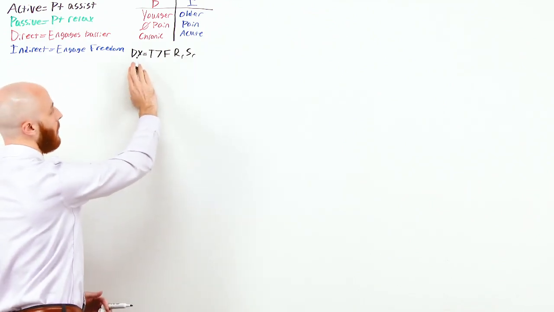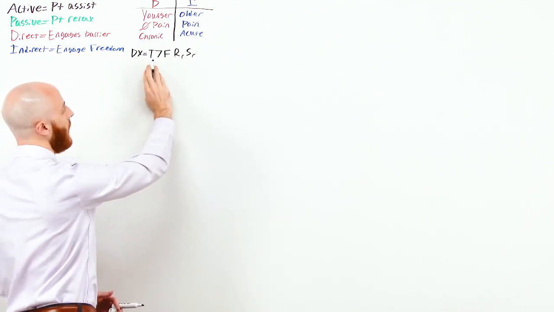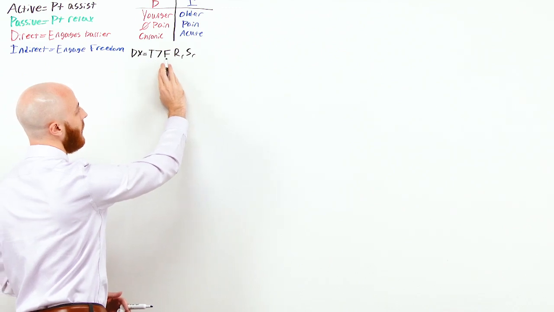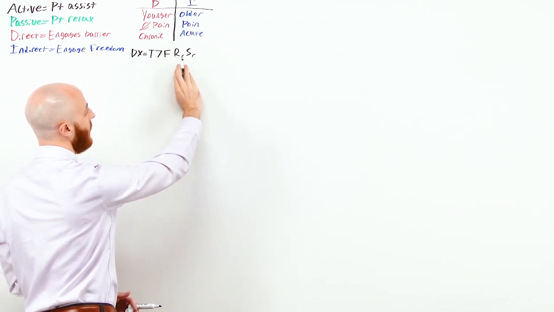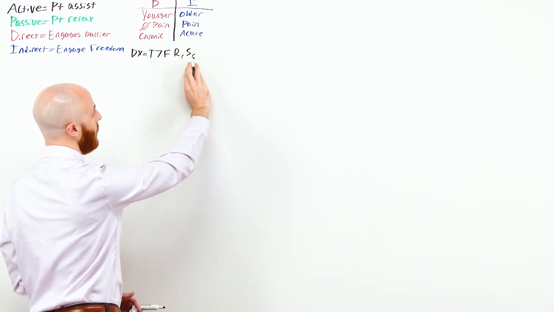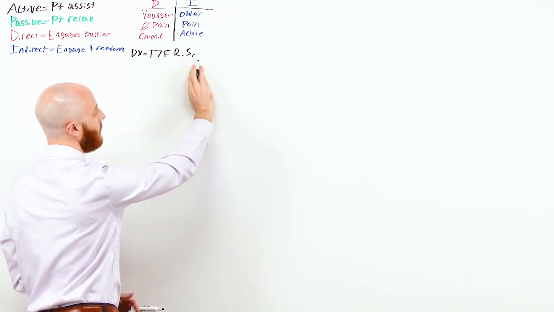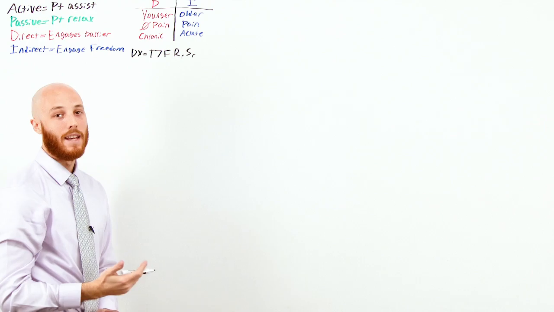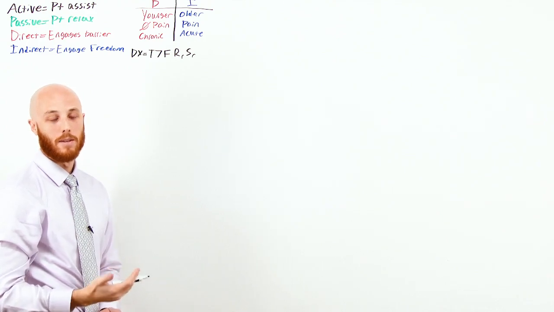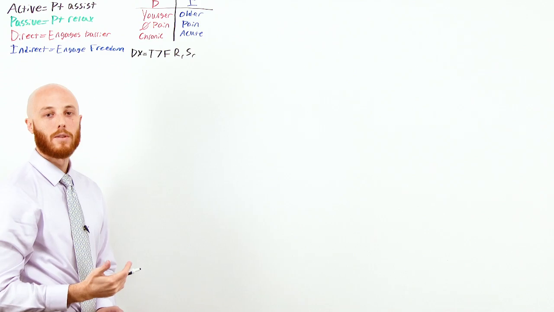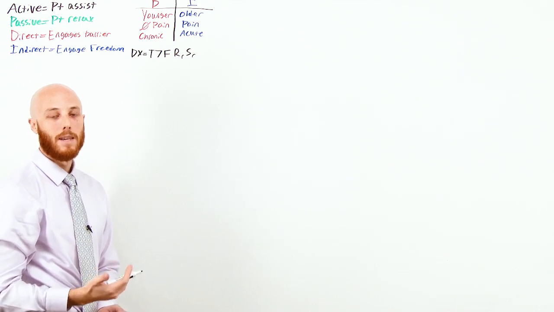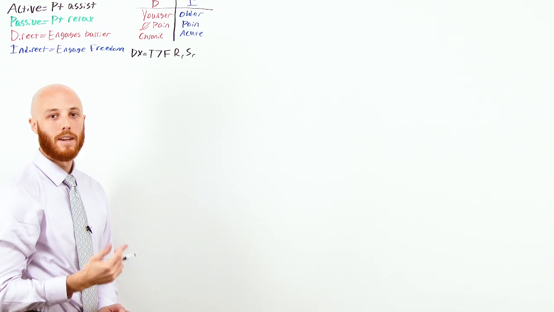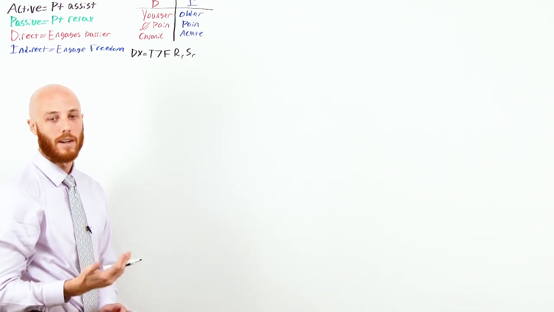So you always name it by what it can do. So T7 can flex, can rotate to the right, and can side bend to the right. This is the freedom. The opposite is what they cannot do, the restrictive barrier. So as I'm going through these examples, keep in mind direct, indirect, active, passive, barrier, freedom.